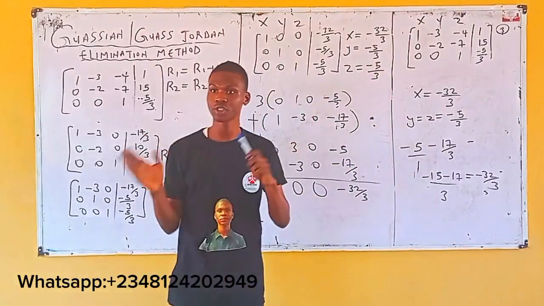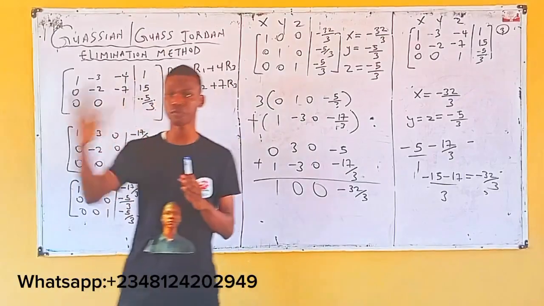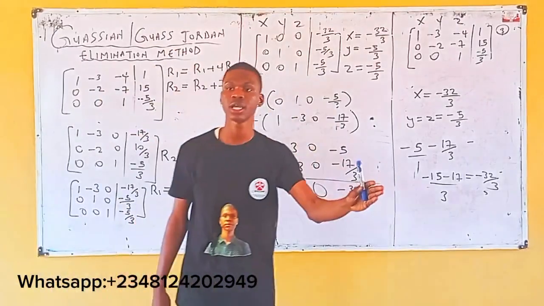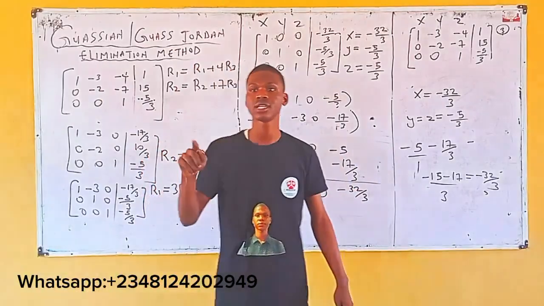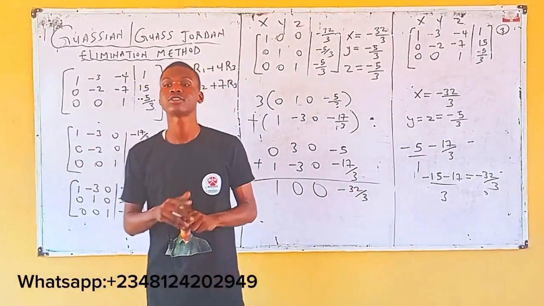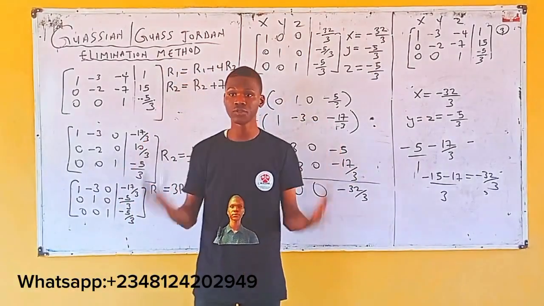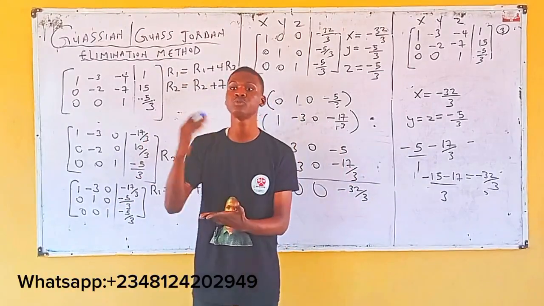Can you now see how it works? For the Gauss Jordan elimination method, you will directly see the value of x, value of y, and value of z, instead of starting to solve z is equals to this, then substitute. You get my point?